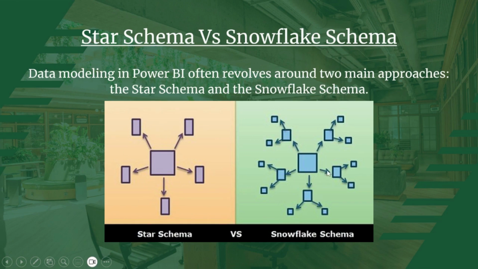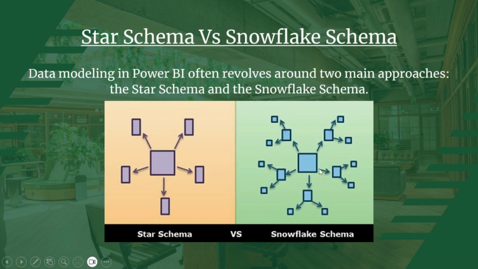Okay. Now, for the snowflake schema, it takes a more normalized approach, meaning that it further breaks down each of the dimensions table into smaller subtables for granularity and precision, which can then lead to a more complex relationship between the tables and queries.